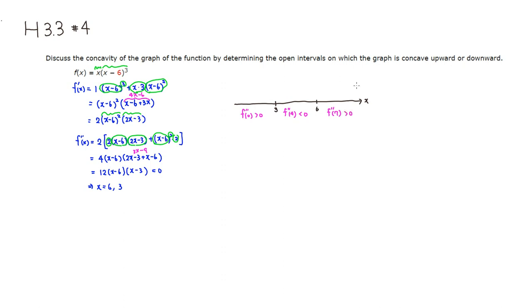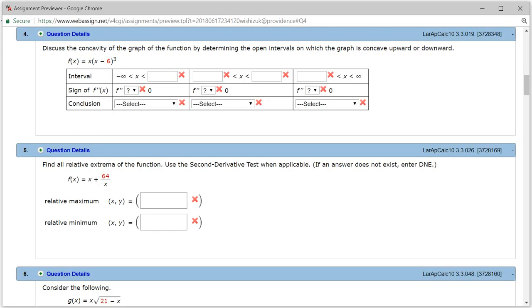So we know the original function f is, where the second derivative is positive, concave upward, where the second derivative is negative, concave downward, and where the second derivative is positive, concave upward. Let's see if we can answer these questions. We have negative infinity to 3, 3 to 6, and 6 to infinity.